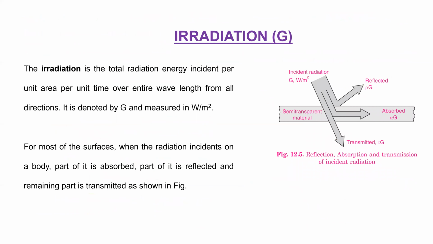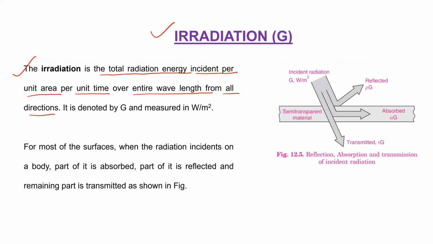Now, what is irradiation? Irradiation is a different concept. First of all, look at this particular figure, and we can read this definition so that you understand it better. The irradiation is the total radiation energy incident per unit area, per unit time, over the entire wavelength from all directions.